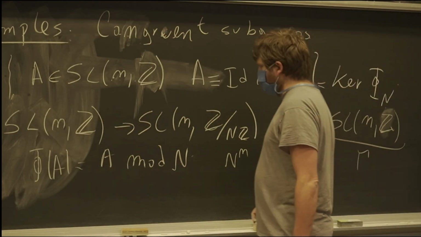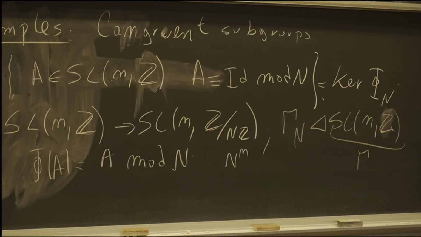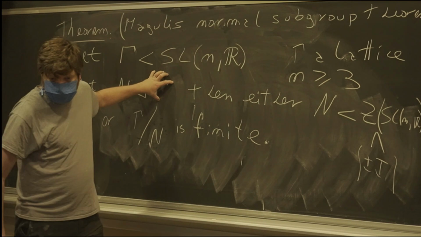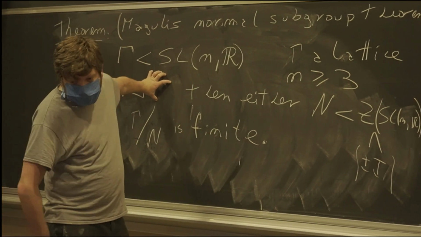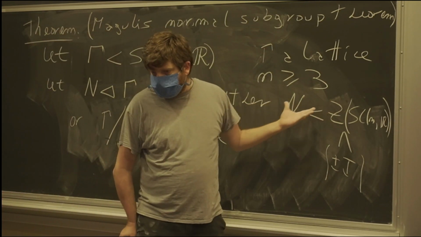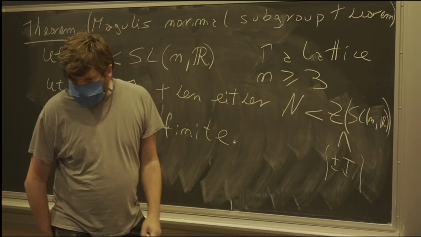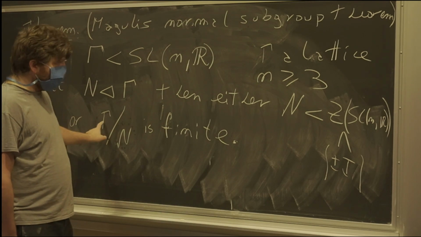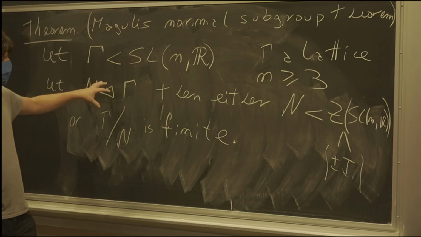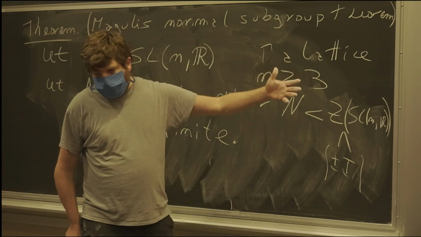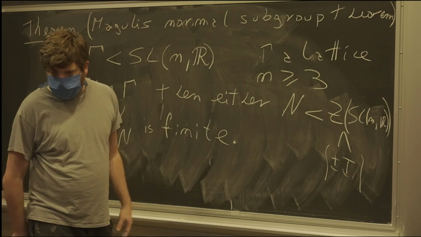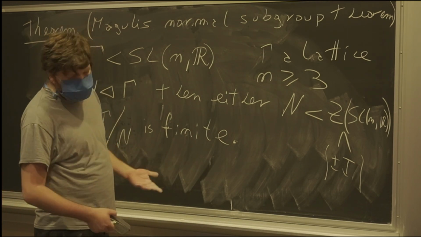This is the lattice. So I have this normal subgroup of gamma, and of course it satisfies the theorem, so it's not a counterexample because the theorem is true. So the quotient is finite, but these are examples which are not in the center, which are the other trivial examples. So these are not fun at all, but you have these other guys. And part of the interpretation of the theorem is that these, which are the main examples, are very close to being really all the examples. It's not really true that there is nothing else.